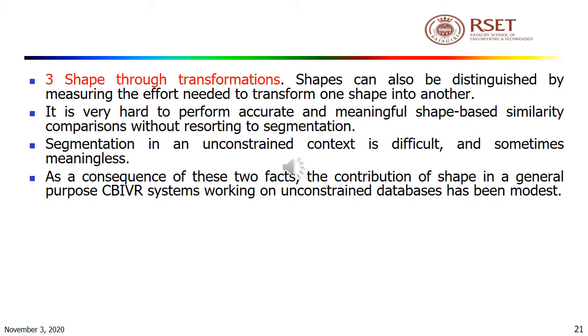It is very hard to perform accurate and meaningful shape-based similarity comparison without resorting to segmentation, and segmentation in an unconstrained context is difficult, sometimes meaningless. So the contribution of shape in a general-purpose CBIVR system is very difficult. In most cases we consider only the texture and color information. If you want to develop a more accurate CBIVR system, then you can incorporate the shape feature also.